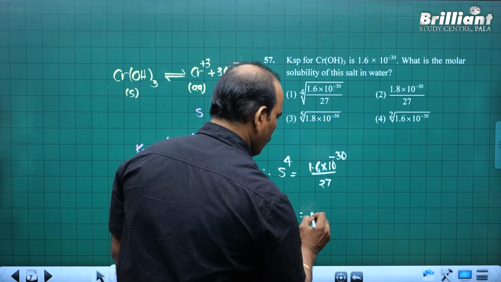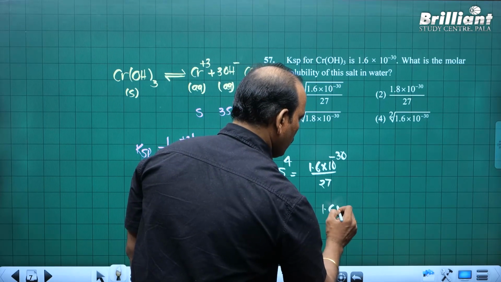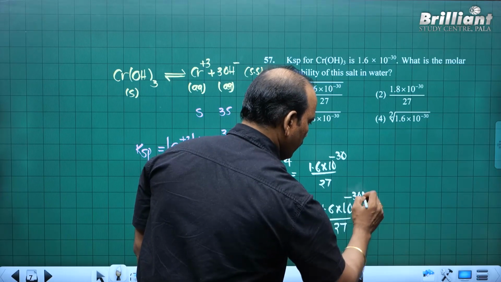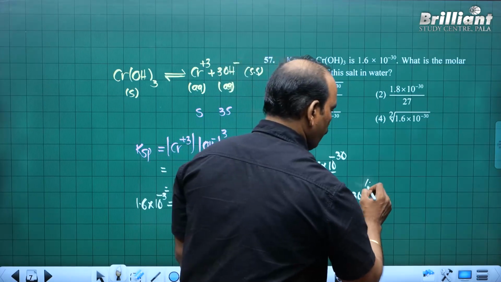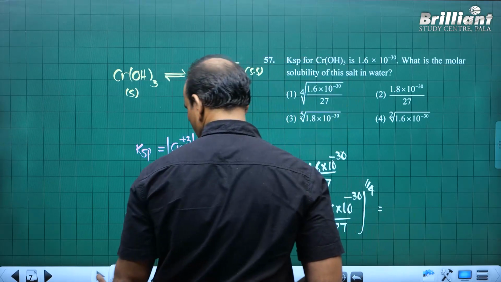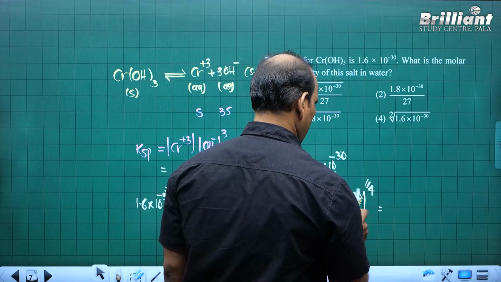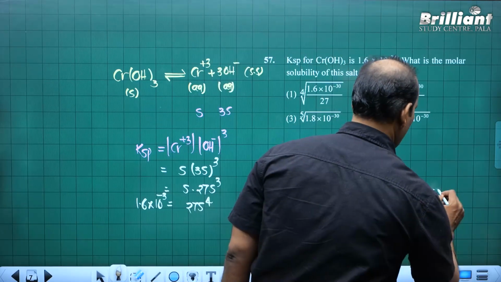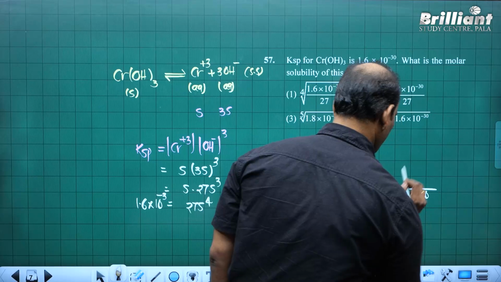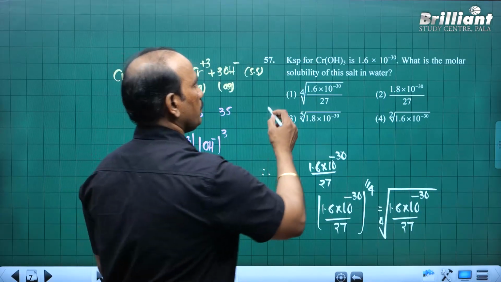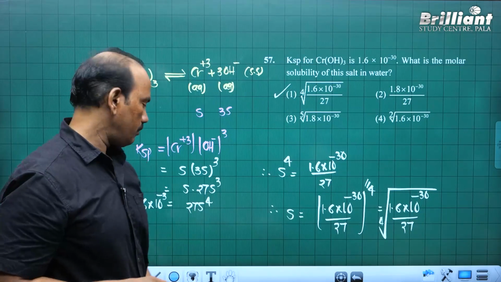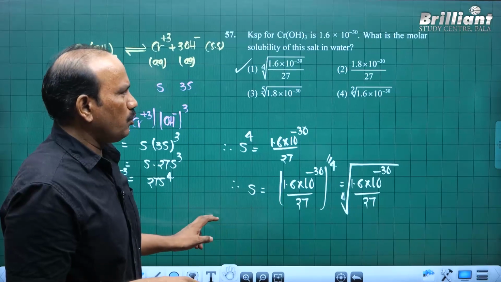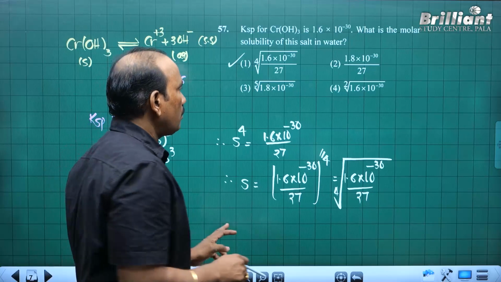Therefore, S equals 1.6 into 10 power minus 30 by 27 whole power 1/4, or this is the 4th root of it. Okay? So, the option is this one, a simple question. Here we need not do all this.